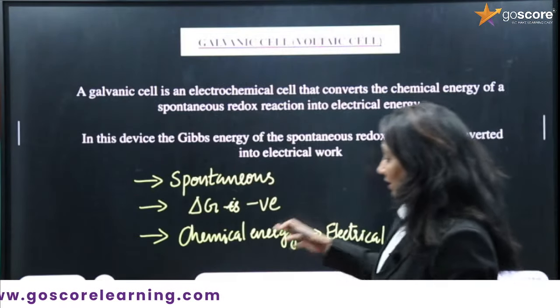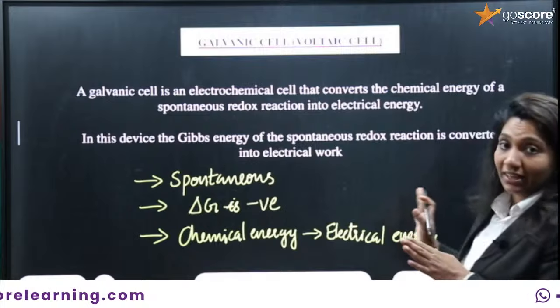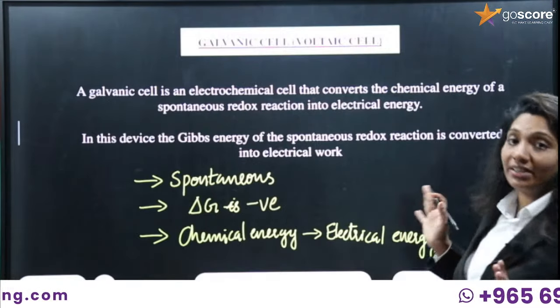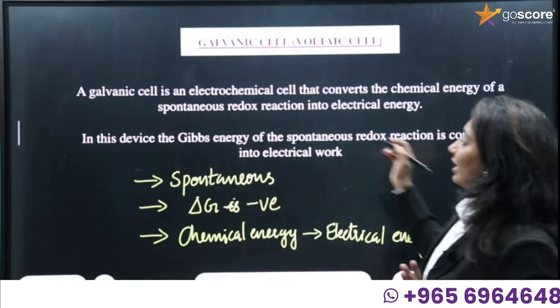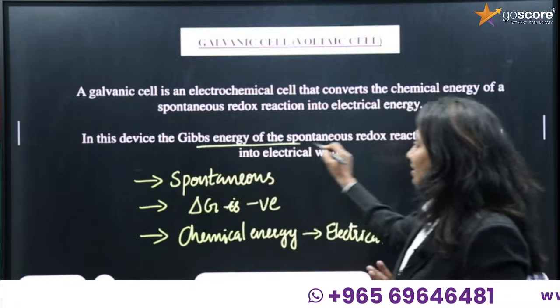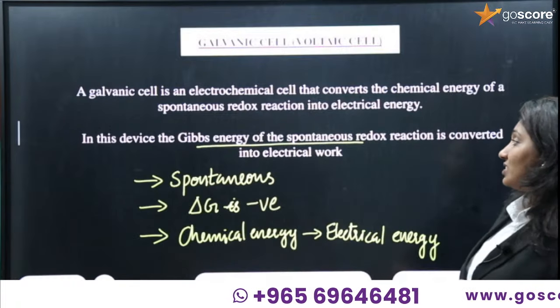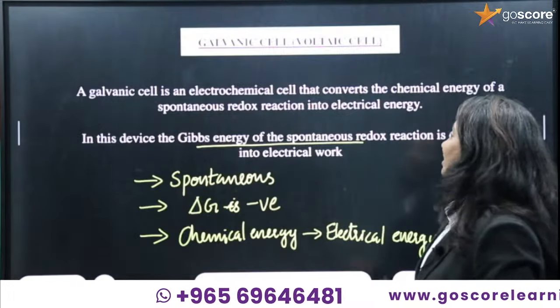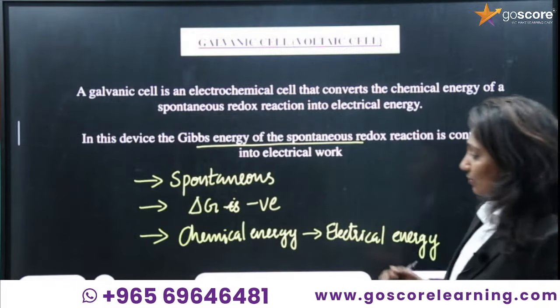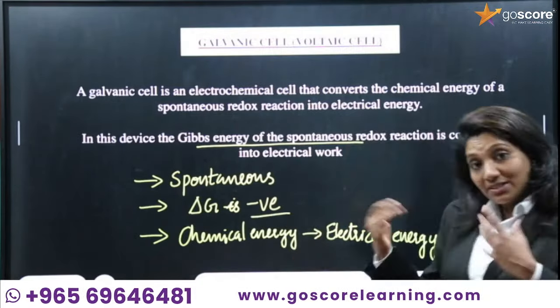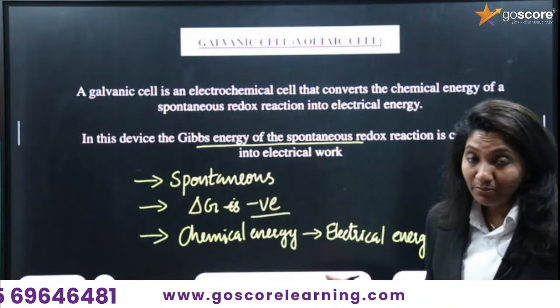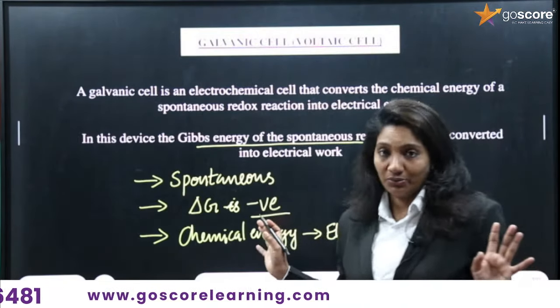So here the energy is being lost, the energy is converting. In this device, the Gibbs energy, that is the delta G value, is converted into electrical work. Energy is lost there, so delta G will be a negative value, right?